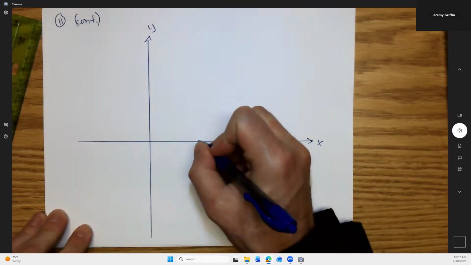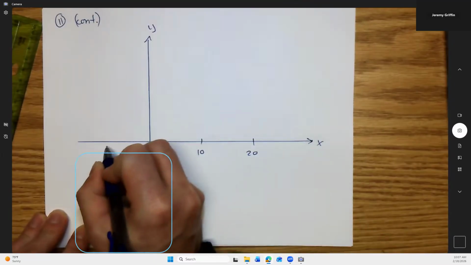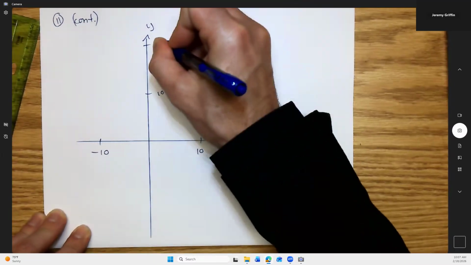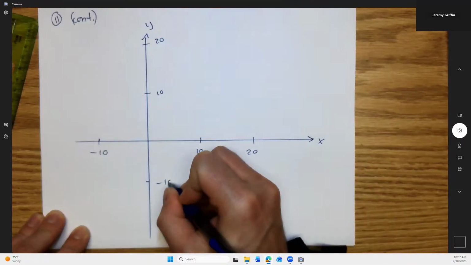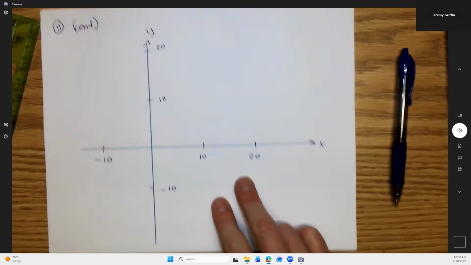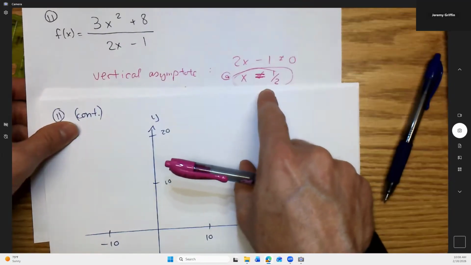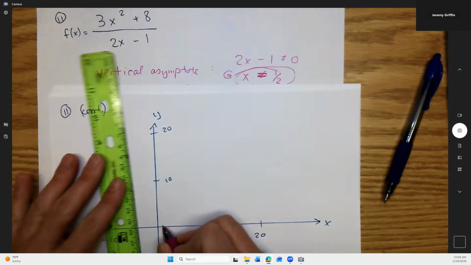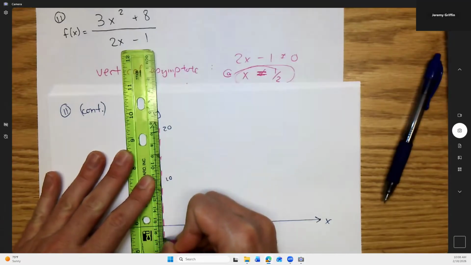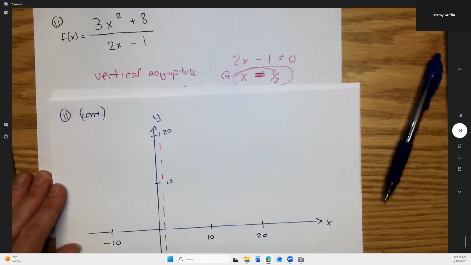Let's go 10, 20, 10 here, 20 here, maybe 10 here, 10, 20, maybe 10. I think that'll be pretty good to start right there. Now, I know that there's a vertical asymptote at x is 1/2. So it's probably right about here. I'll dash off this vertical asymptote. So there's your vertical asymptote.